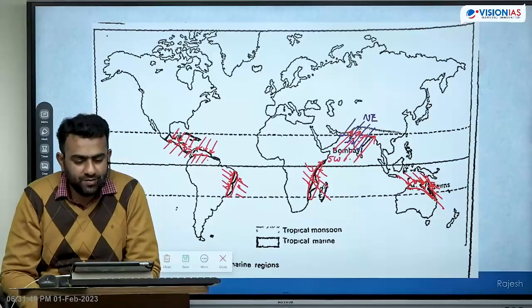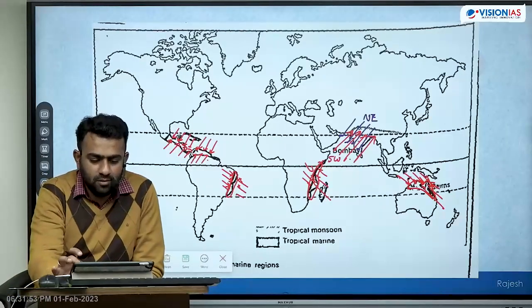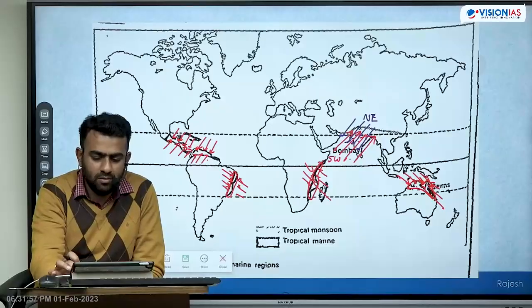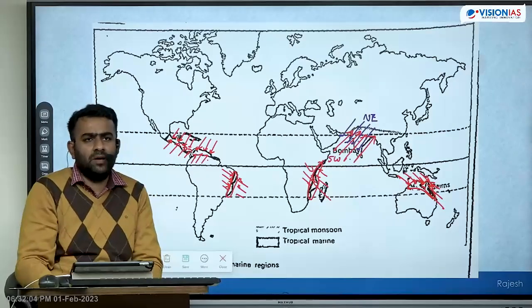So these are the major characteristics of monsoon climate.